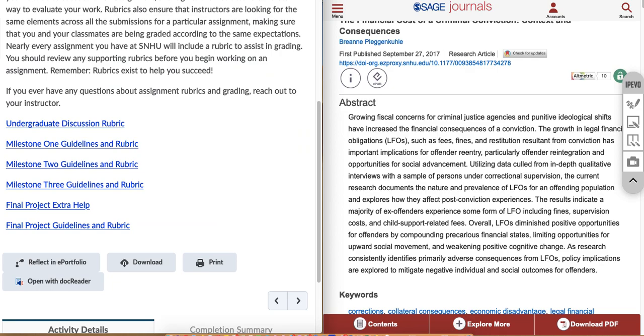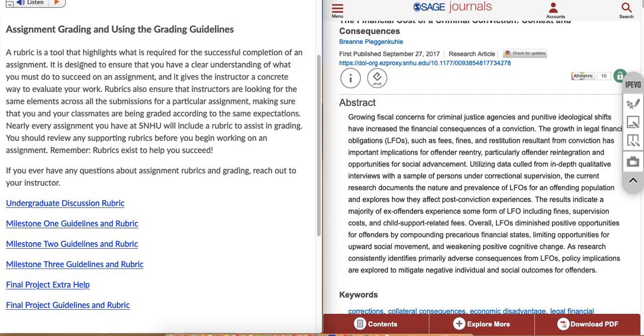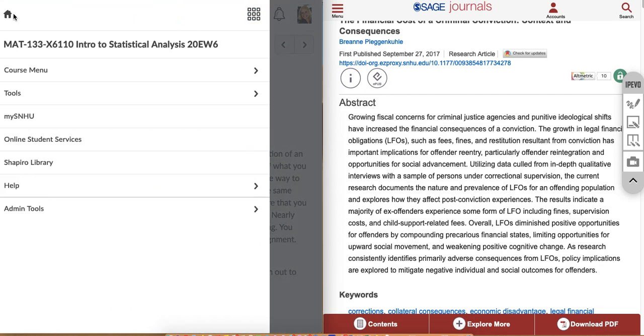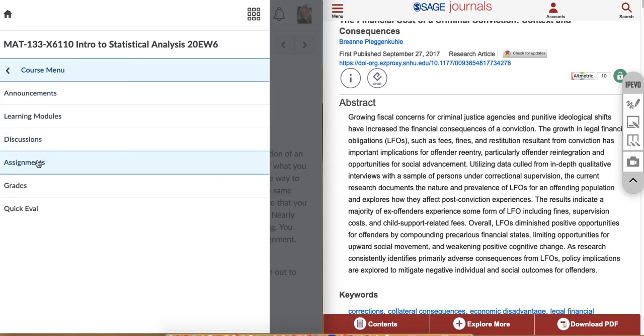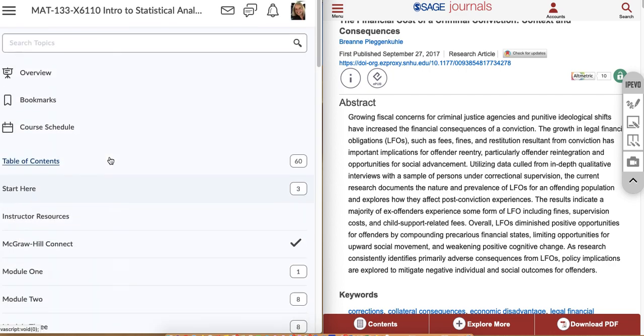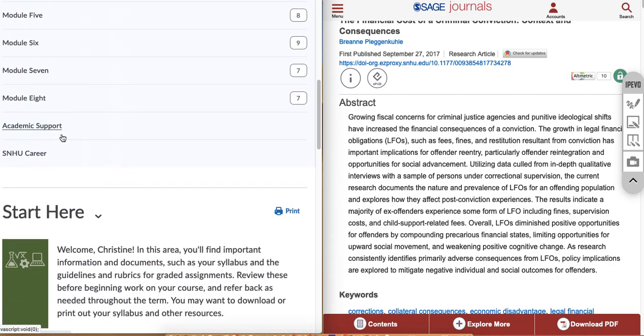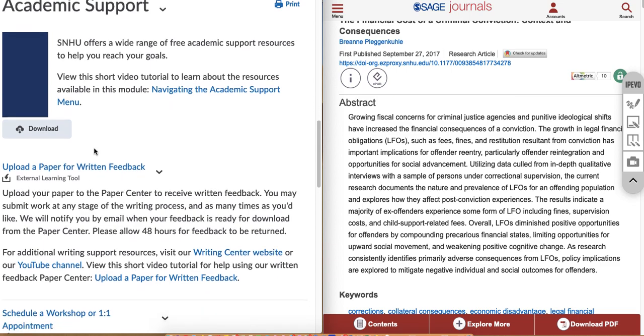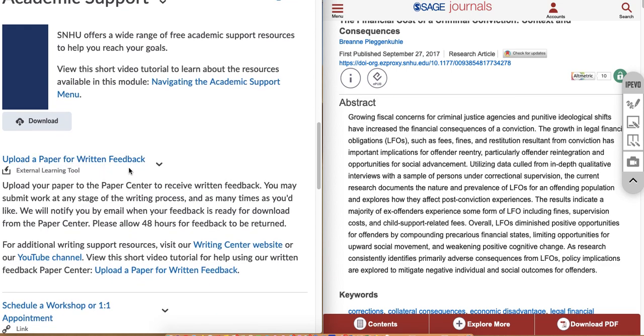You can also, under the learning modules, let me go back to those, course menu. I have my screen smaller, so it's harder to get there. It doesn't usually look like this, but under academic support, you can even upload a paper for written feedback. So please allow 48 hours.